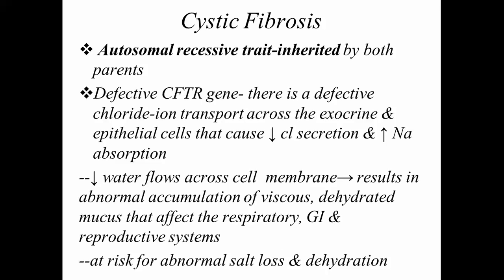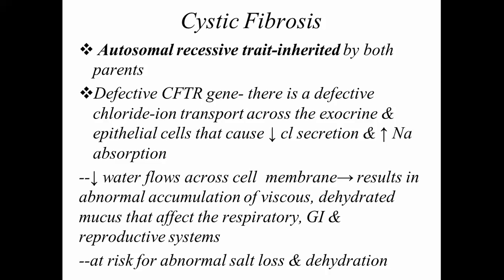All right, so now we're going to move on and talk about cystic fibrosis. Cystic fibrosis is an inherited autosomal recessive trait, meaning that the defective gene is inherited from both parents.